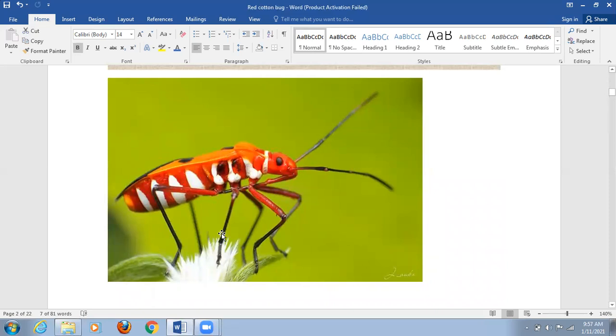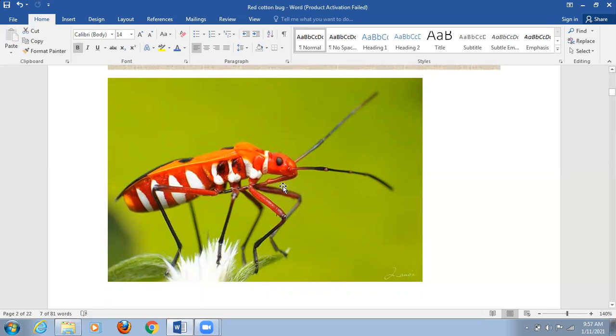Then when we look at the mouth part of this animal, it is adapted for piercing and sucking. Piercing and sucking type of mouth parts are there. You can see here this one. Observe this particular structure, which is also known as rostrum. The rostrum is the straight beak, which is now in a folded condition.